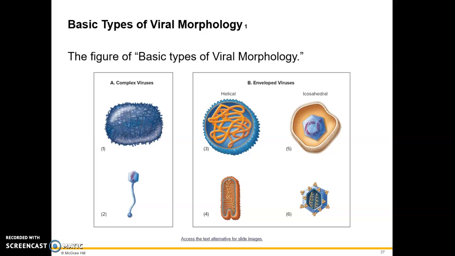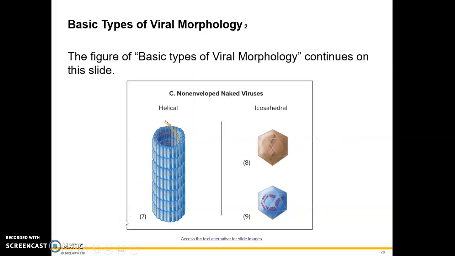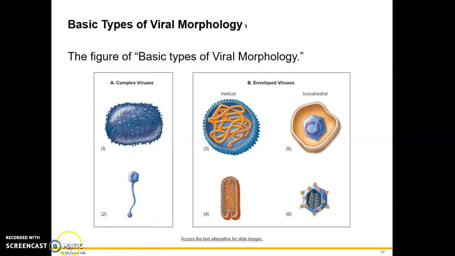Okay, so basic types of viral morphology. This is from figure 6.10 in your book, and it's just showing some different types of complex viruses. This is the outside of a pox virus. This is your bacteriophage with the flexible tail. These are your enveloped viruses, the helical enveloped virus, which is the mumps virus.